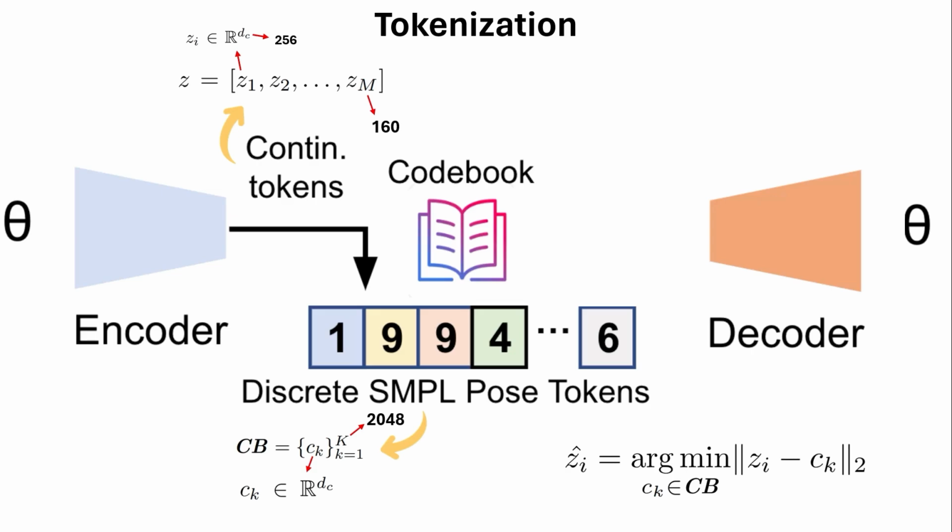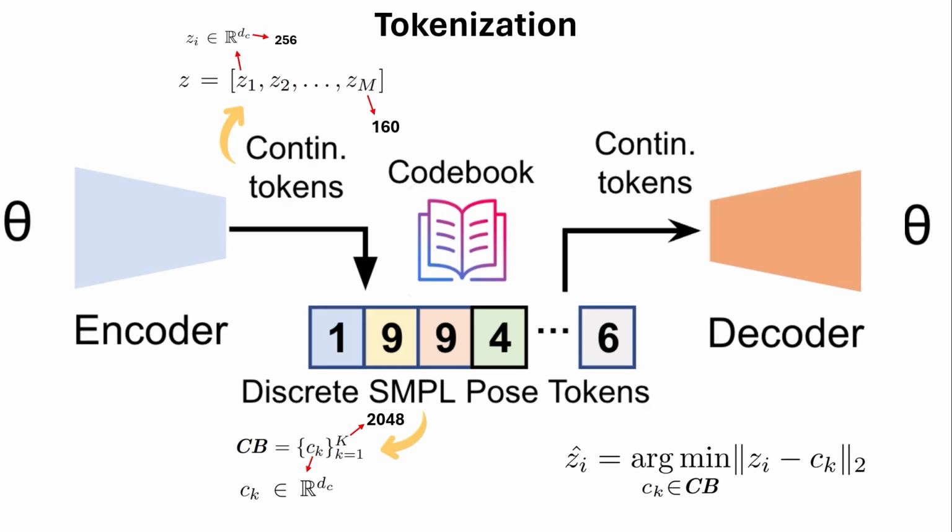They see which one has the minimum distance. The one with the minimum distance is picked, and the value is stored in Zi hat. So essentially, I have 160 different tokens as the output of the encoder, and for each of them, I assign one of the 2048 vectors in the codebook. Once I do this, I pass these new discrete vectors to the decoder to reconstruct the poses.